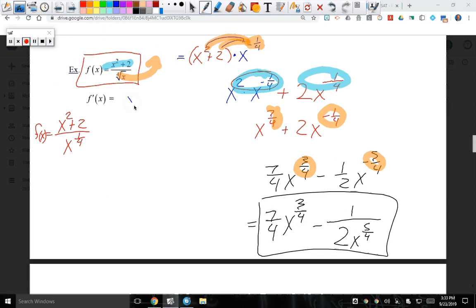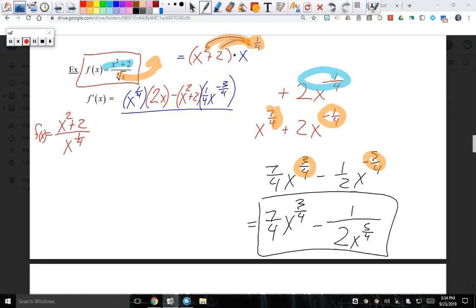Low D high minus high D low. 1/4 x to the what? Negative 3/4 all over what? X to the 1/4 squared.